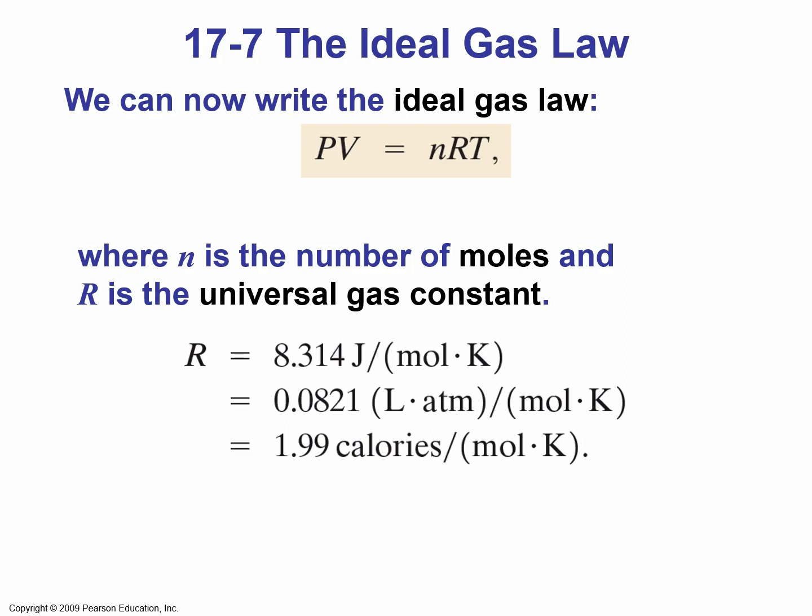And R, the universal gas constant, is equal to 8.314 joules per mole times Kelvin, or 0.0821 liter times atmosphere divided by mole per Kelvin, or equal to 1.99 calories per mole times Kelvin.